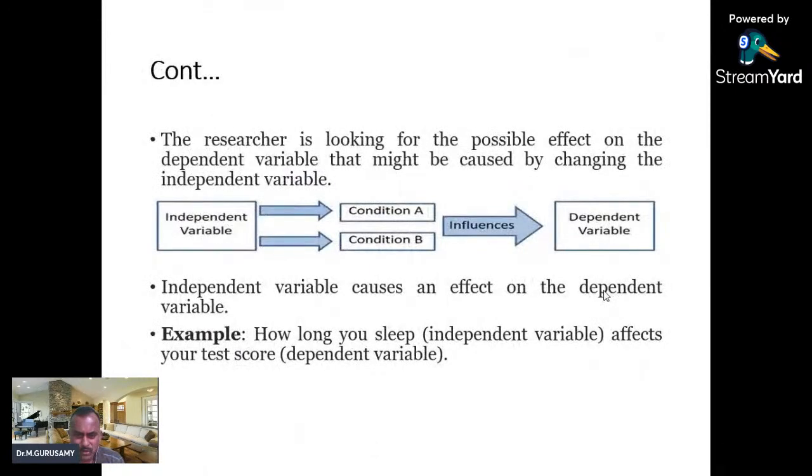How long you sleep, the independent variable, affects the students' test score, the dependent variable. One student sleeping 8 hours scored 70 marks, for example, and another student, only 5 hours, scored 80 or 90 marks. You collect the students' data about how many hours they slept the day before the exam and their test score, then you can conduct the regression analysis.